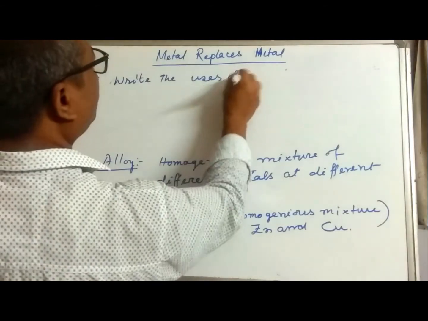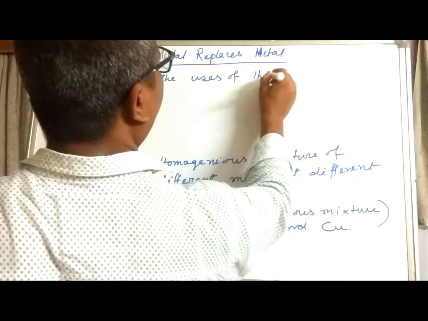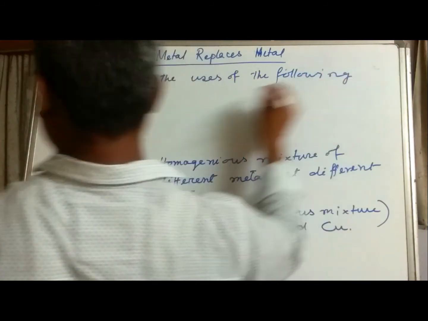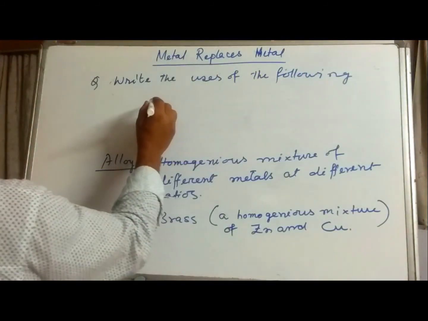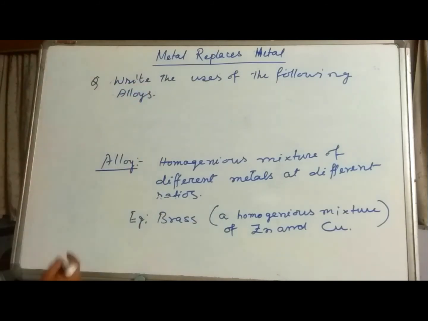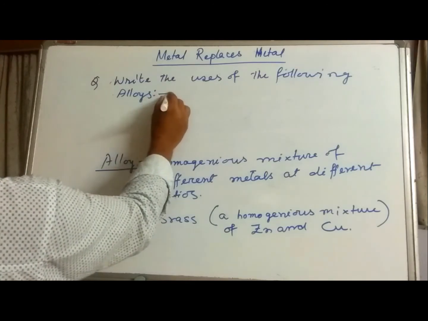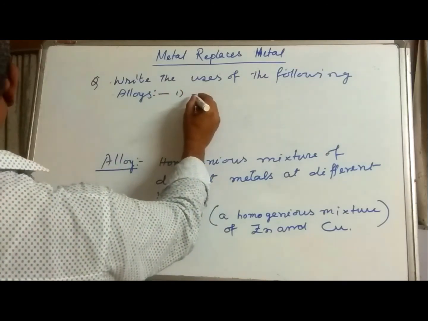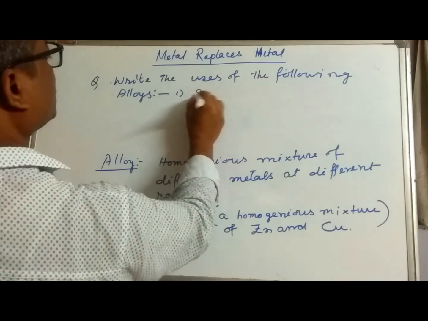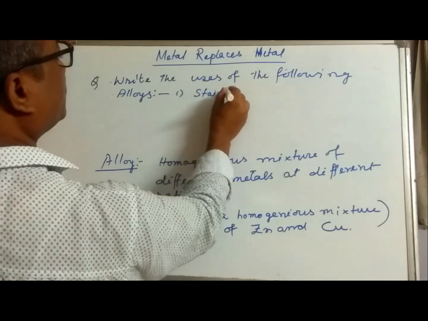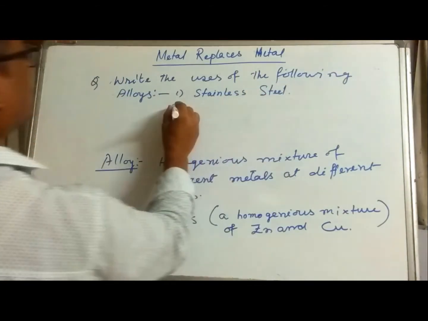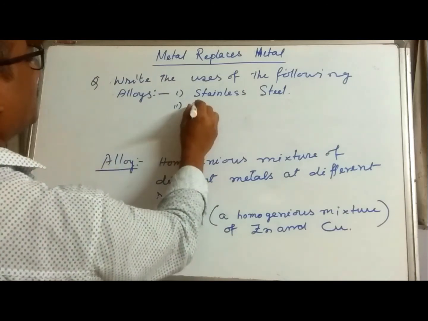Write the uses of the following alloys. Number 1, stainless steel. Number 2, brass.